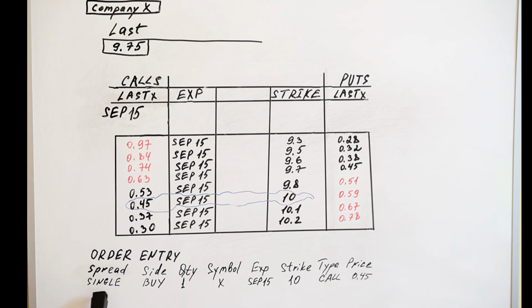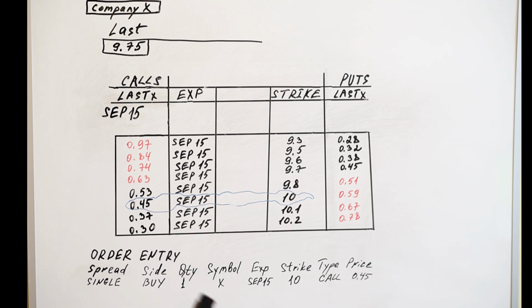You can choose buy or sell, whatever you're interested in. For the quantity of contracts I wrote one for simplicity, but you can choose any quantity of option contracts that you want to buy.